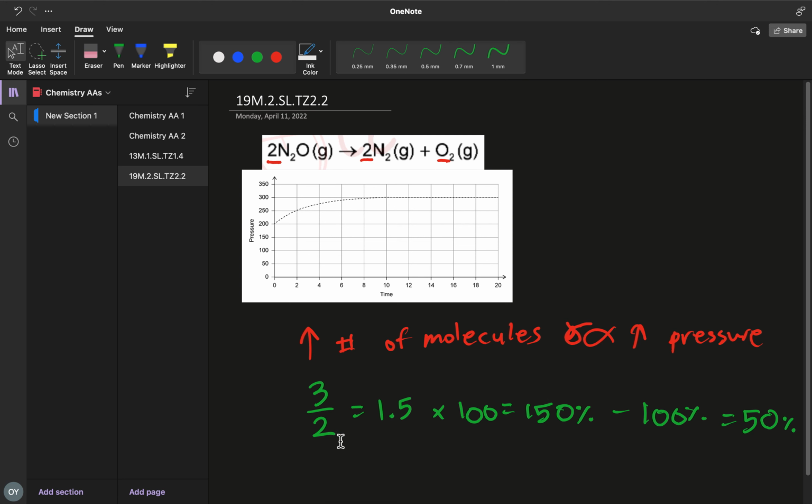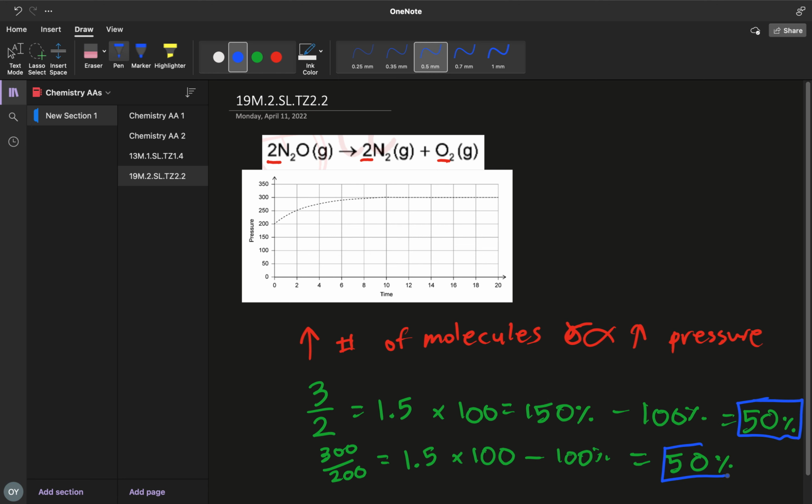If we do the same thing with the pressure here, the 300 over 200, that also equals 1.5 times 100 minus 100%, which is also equal to 50%. And this is why the pressure increases by that amount, because the amount of molecules is proportional to the pressure.